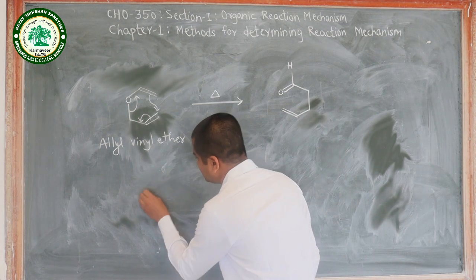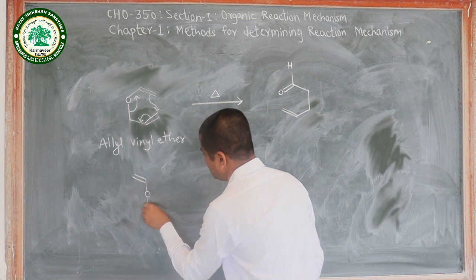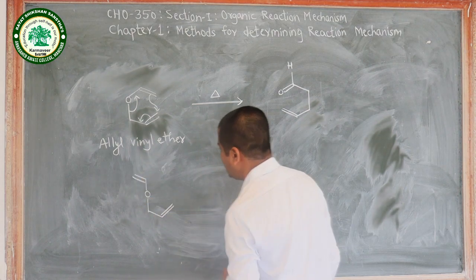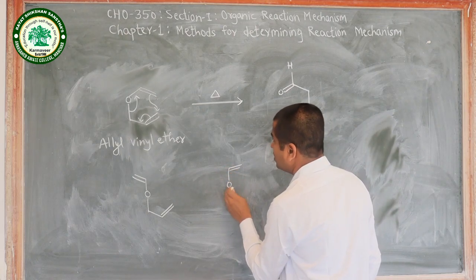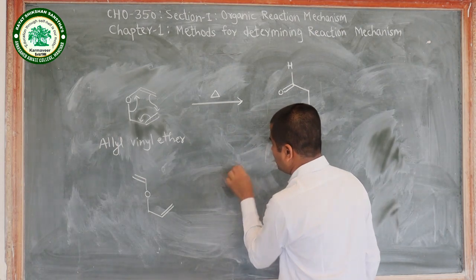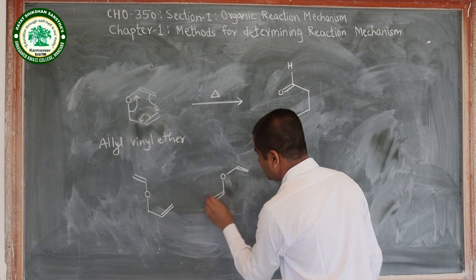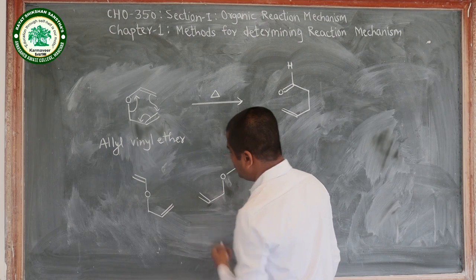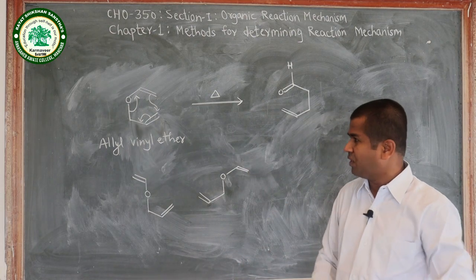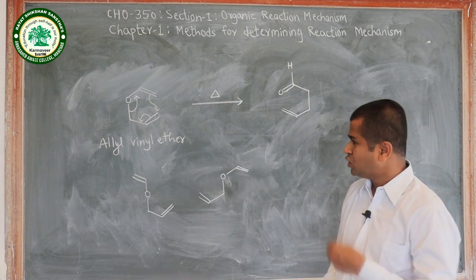For example, like this, or like this. These are different conformations which the allyl vinyl ether shows.